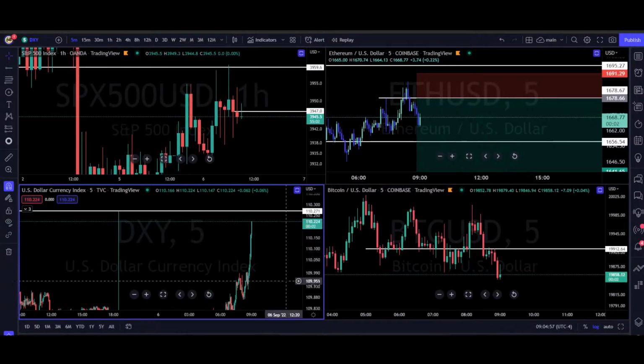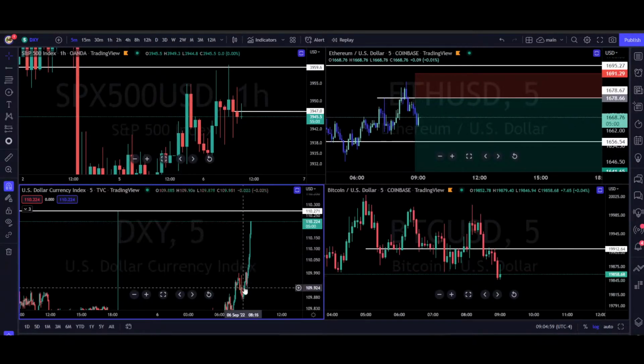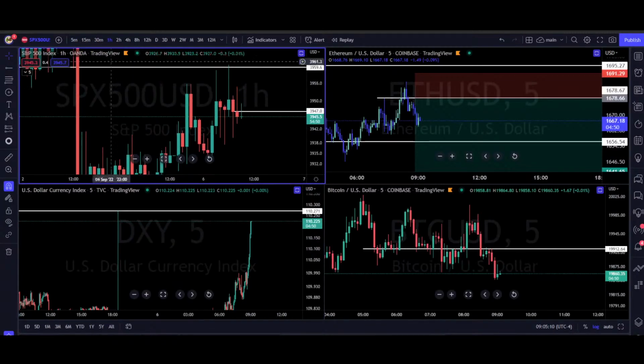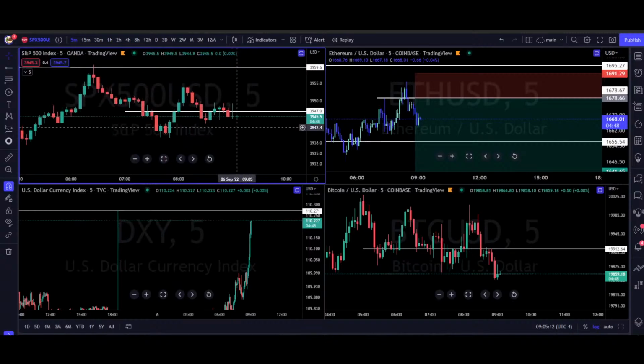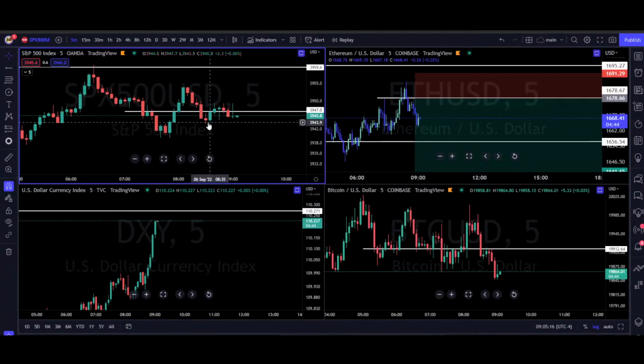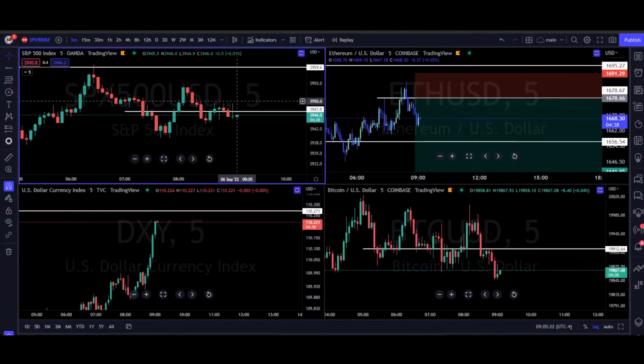And I mean, compare how big the move is on the dollar to the down move on Ethereum or even Bitcoin. It's not that big in comparison, even with the SPY or the SPX. For the last 25 minutes, you've gone straight up on the dollar, whereas look at the same amount of time what you've done on the SPX.